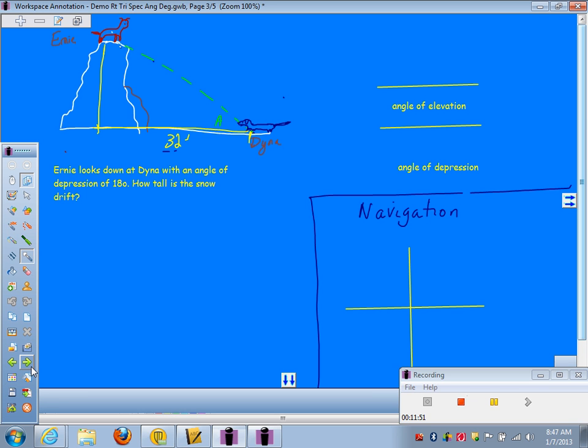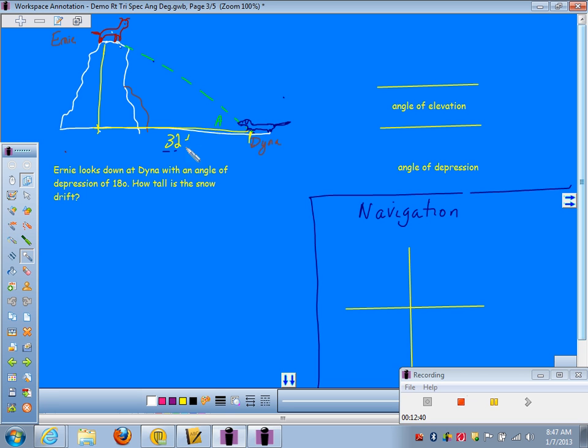He loves the snowdrift. He thinks they're great friends. And this is Dinah the dachshund down here on the ground. Ernie is really into his math. Ernie and Dinah are. And we will notice that the measure from straight down below Ernie over to Dinah is 32 feet.